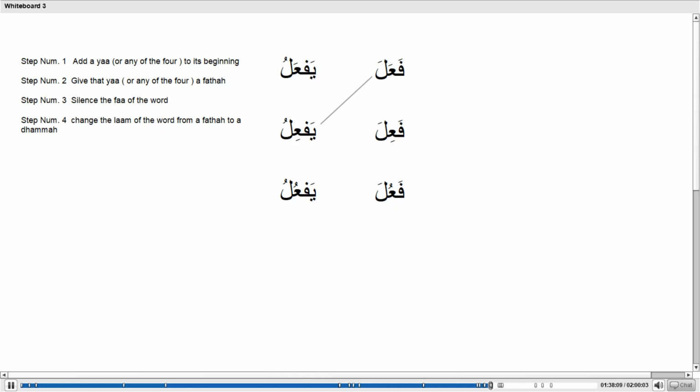A chapter. Okay? And then if I do another combination like فعل and يفعل, this is considered to be another chapter. And if I do a third combination, which is فعل with يفعل, this is a third chapter.